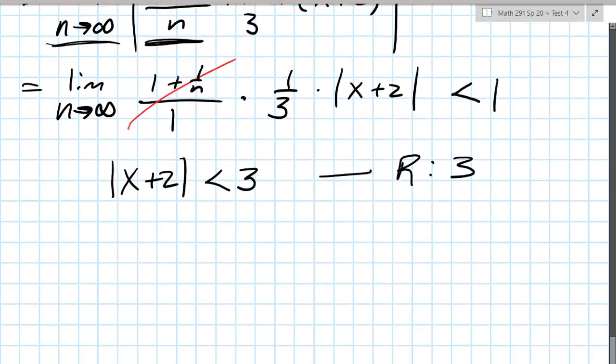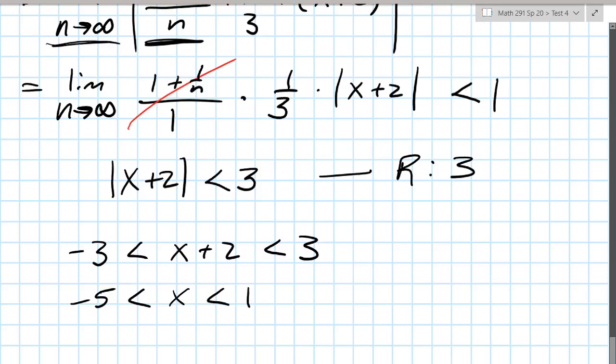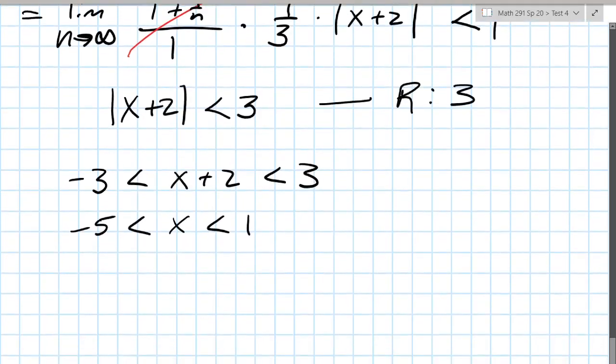So the interval of convergence, now we do our absolute value thing here and subtract 2 from both sides, giving us -5 < x < 1. Okay, now all that's left is to determine what's happening at the endpoints at -5 and at 1.